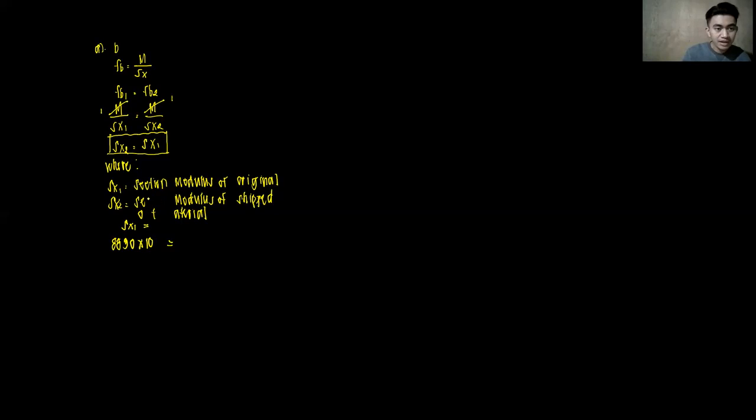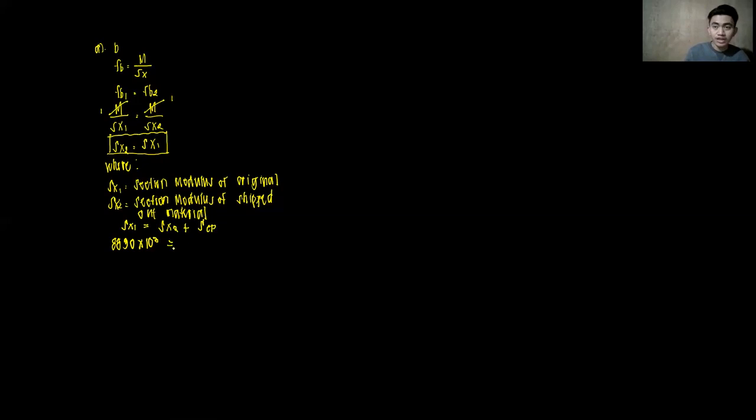Let me rewrite, I erased it. Section modulus of the shipped out material. This is Q. Sx1 is equal to, of course, the section modulus of the shipped out material plus the section modulus of the cover plates.